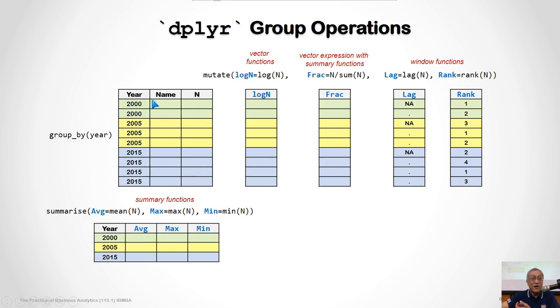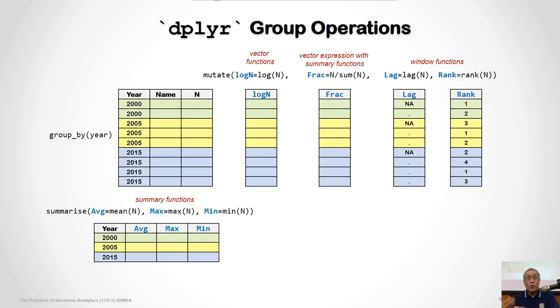This is the data frame, and after I group this data frame by year, it is no longer one data frame. It is a group of data frames, kind of like that. So if you do mutate after a group by, the mutate will be done group by group, okay?